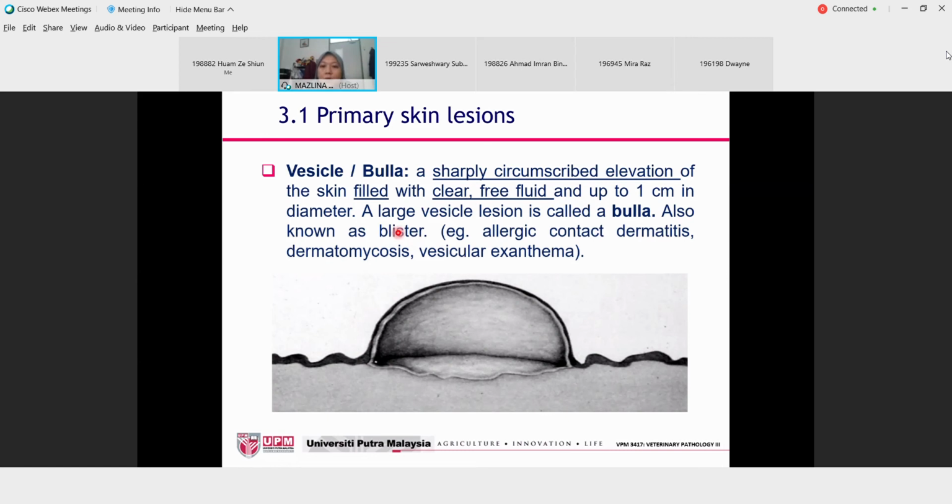But you can always see this type of lesion in allergic contact dermatitis, dermatomycosis, or vesicular exanthema like the swine snout. Just now I showed you the vesicle or bulla. The cyst or fluid-filled sacs on the skin, okay, due to the calicivirus, this one, vesicular exanthema.